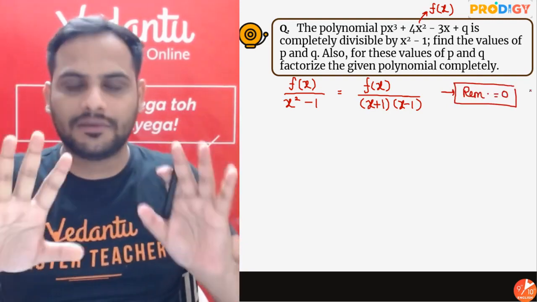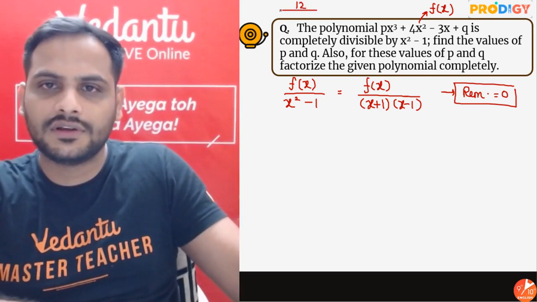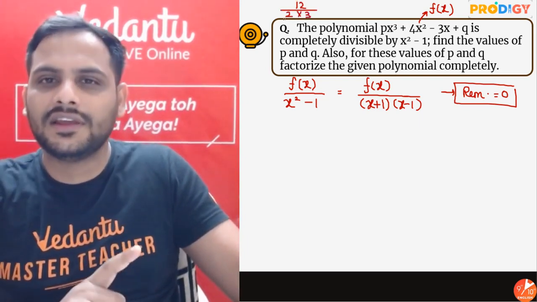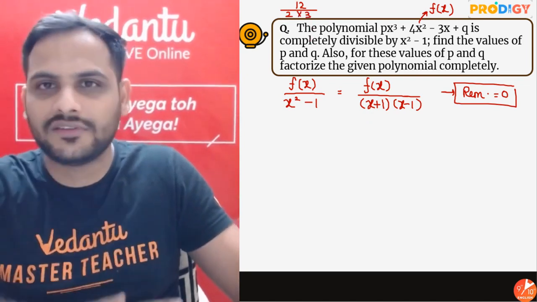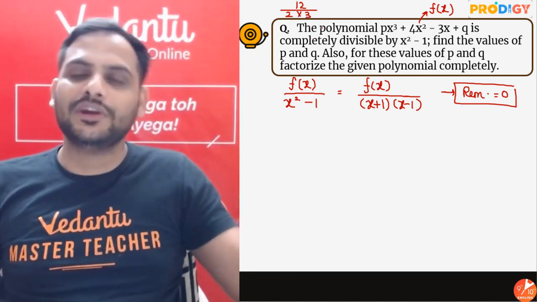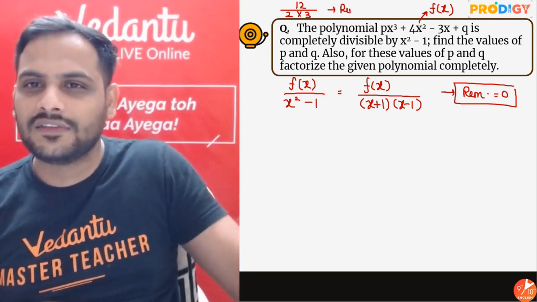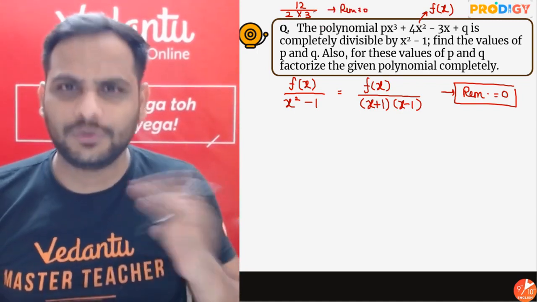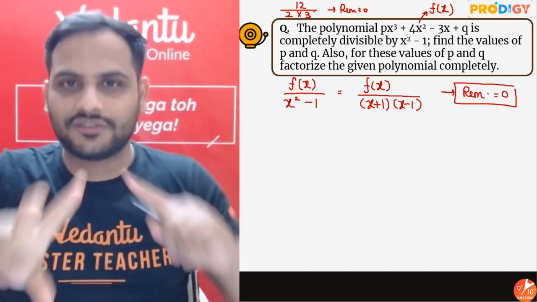Now look, beta, for example, let me give you this example. If I divide 12 by 2 into 3, I can say the remainder is 0. 2 into 3 is 6, 12 by 6 is 2, remainder 0. So if 12 by 2 into 3 gives remainder 0, then I can say 2 into 3, which is 6, is a factor of 12. Also, 2 and 3 are also factors of 12.